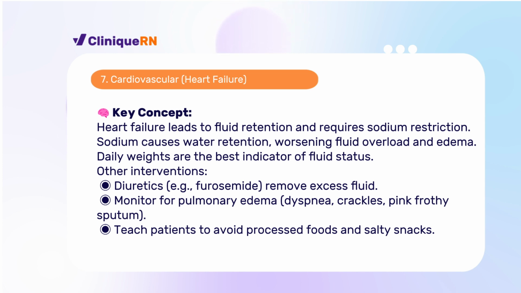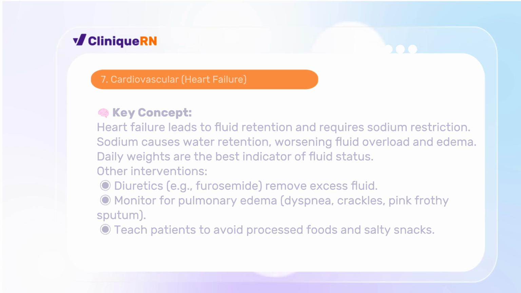Daily weights are the best indicator of fluid status. Other interventions: diuretics, e.g., furosemide, remove excess fluid. Monitor for pulmonary edema: dyspnea, crackles, pink frothy sputum. Teach patients to avoid processed foods and salty snacks.